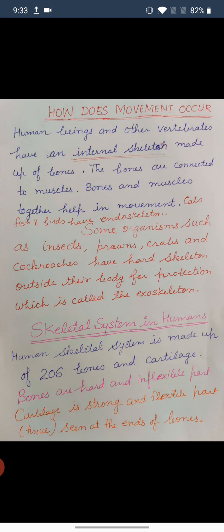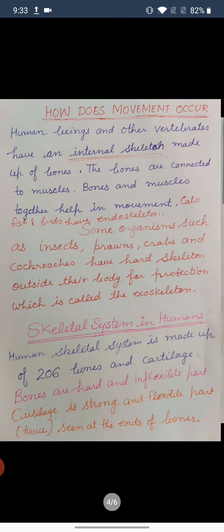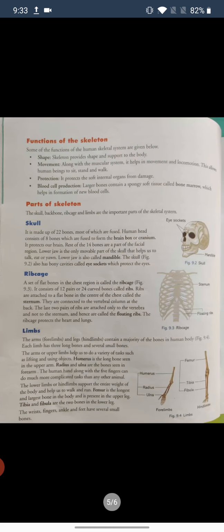As we have already studied, the human skeleton system is made up of a framework of 206 bones and many cartilages. Bones are very hard and rigid.